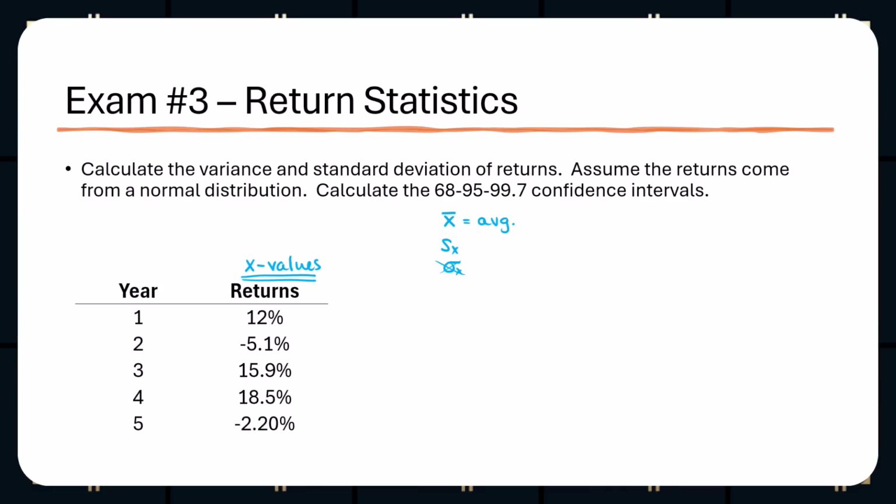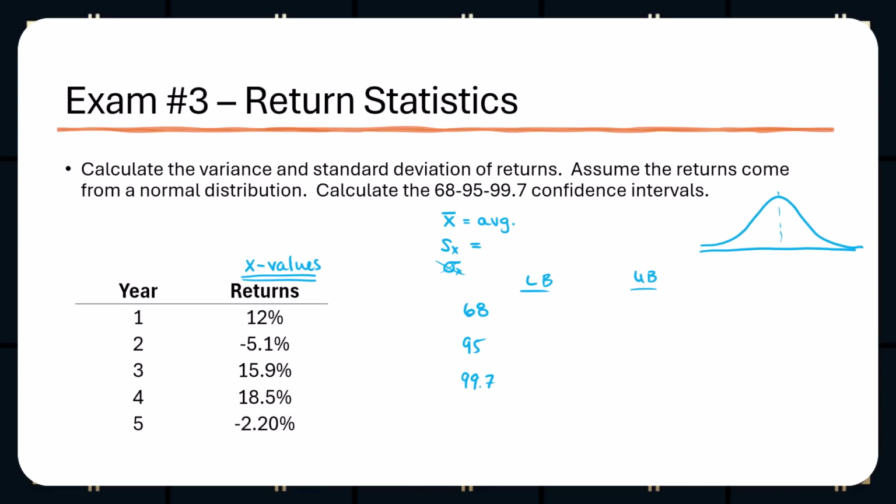Now, once we have the standard deviation and the average rate of return, what we're going to do is use the 68, 95, 99.7 rule, and we're going to find the lower bound and the upper bound for the specific confidence intervals. That is, we're going to assume mathematically that the returns come from what we call a normal distribution.